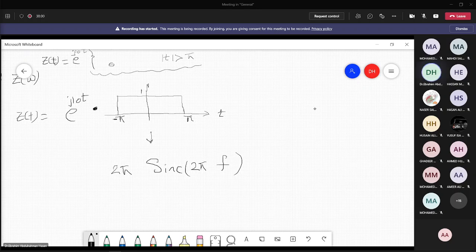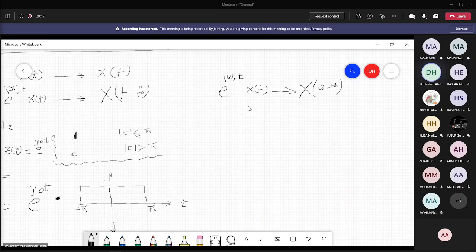Then what do you do with this? We just shift it. Of course, if you want to work with omega, then this 2 pi f is equal to omega. So from here, since we have only x of t, we get x of omega.